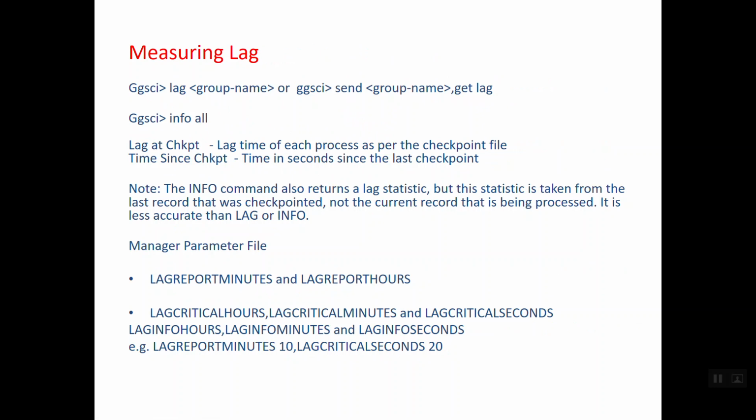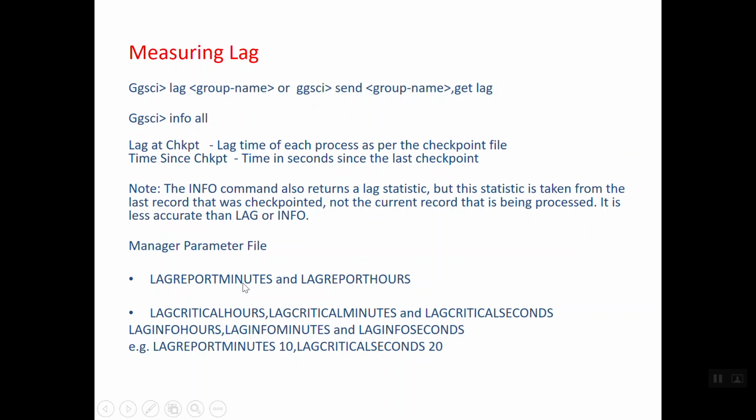Now if somebody wants to monitor the lag in the error log files, then we have different commands we can add in the manager parameter file, where we can get the lag reports in the report files. So if the lag is increasing for some time, then I can get these messages in the ggserr.log file as well, using lag report minutes and lag report hours.